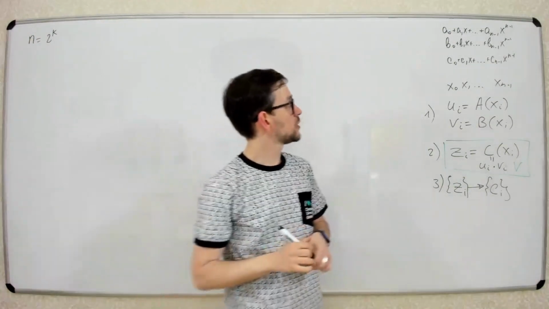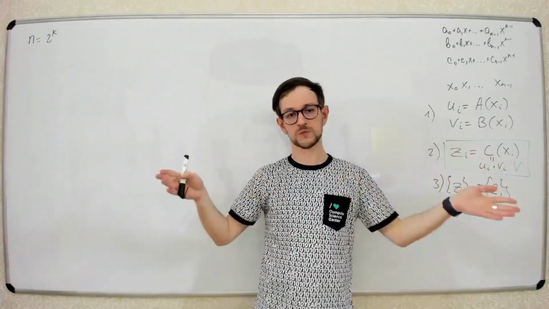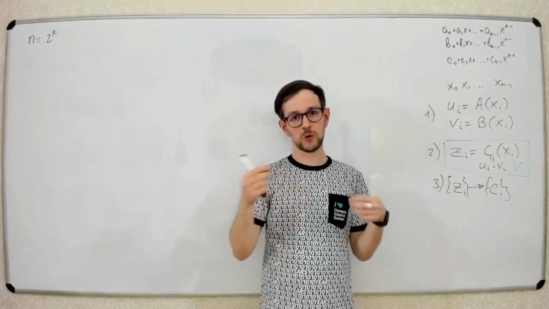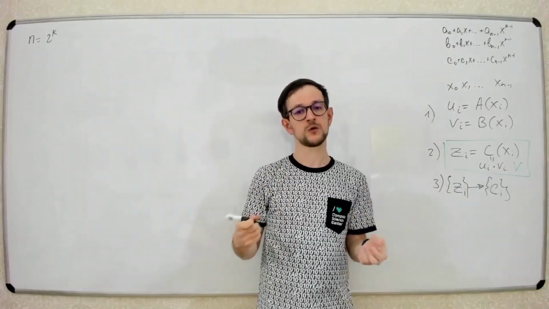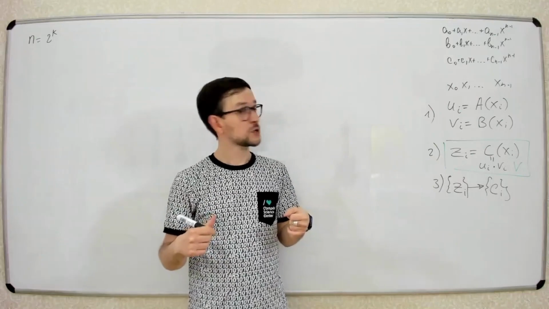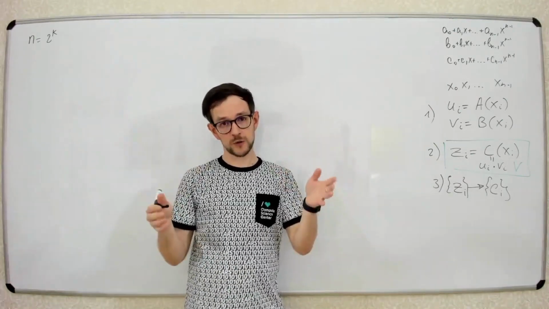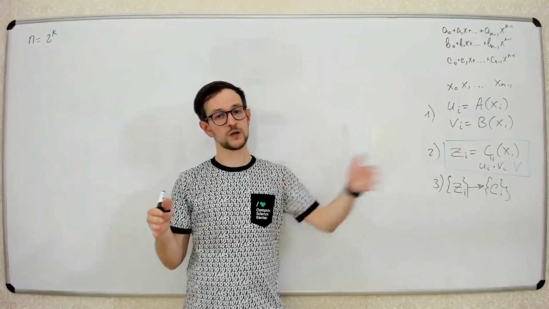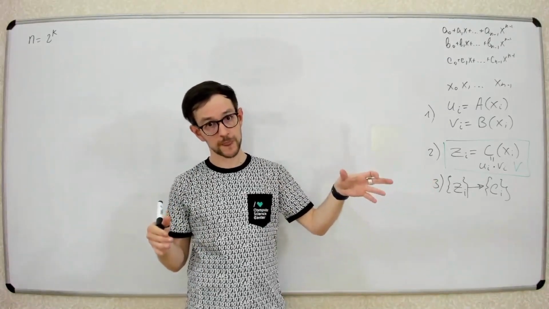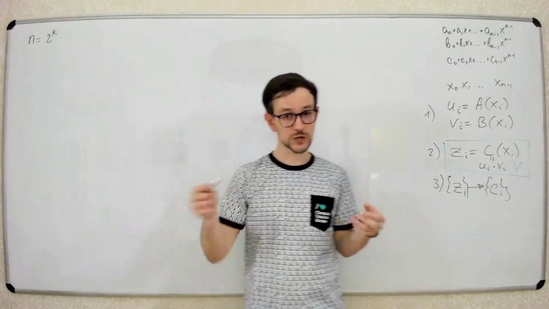It's easy. If n is not a power of 2, we will just extend all the polynomials to the closest power of 2. The size of the polynomial will be increased at most twice, right? So that's how you usually get something in power of 2. If the size of your polynomial is not a power of 2, you will extend your polynomial with 0 coefficients. So you have a polynomial of size n, a power of 2.